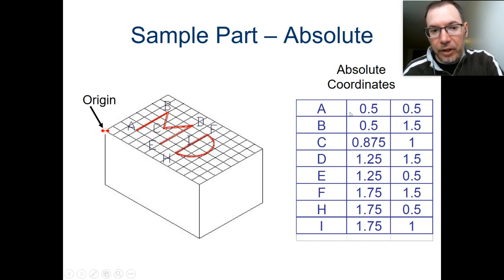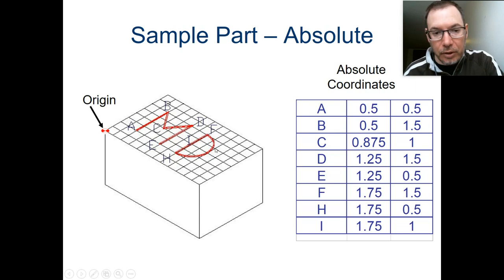Again, we're just going to list out all our numbers, all of our vertices here. We've got an X and Y coordinate for each of those points. B we've got up here at over 1/2 and up 1.5, and you can look through and see all those points. One additional point that might be of interest is point I. Point I is there not because we need to actually travel to it, but because it is going to be the center point for this arc.